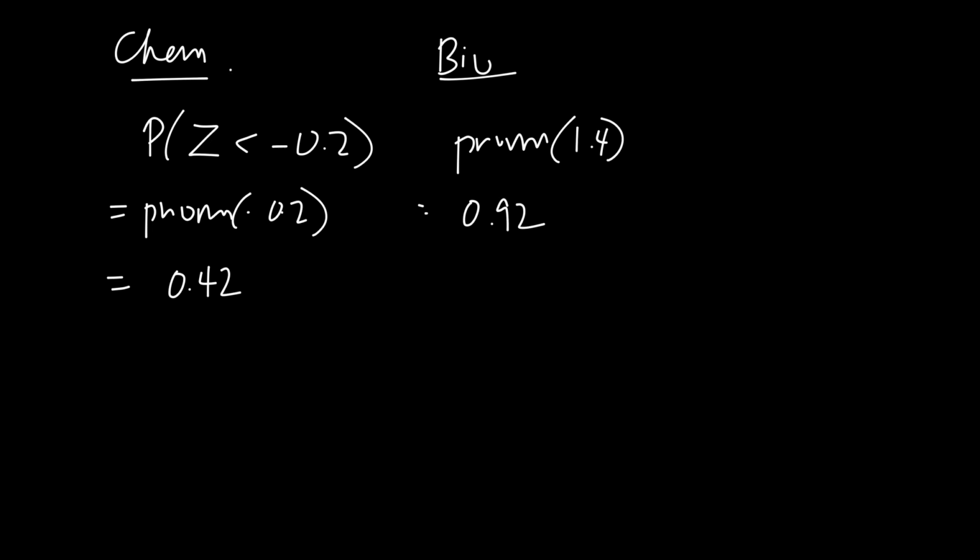Okay, and finally for economics, we would have Pnorm of 1.25, which translates to 0.89. So these are the numbers we're going to stick with. And again, you can see that in biology, you did the best under a normal distribution because you scored better than 92% of your classmates.